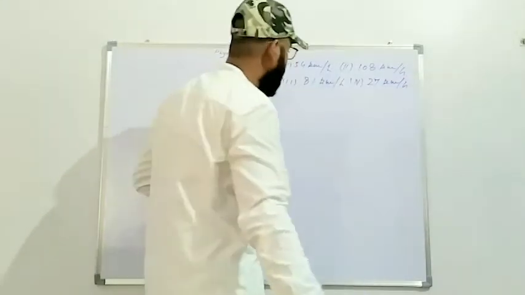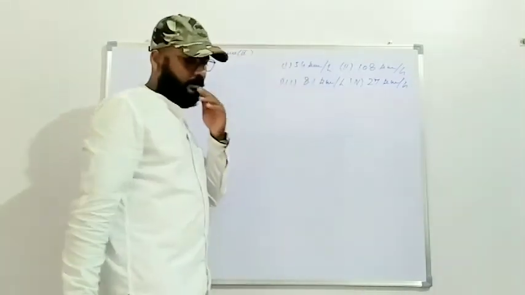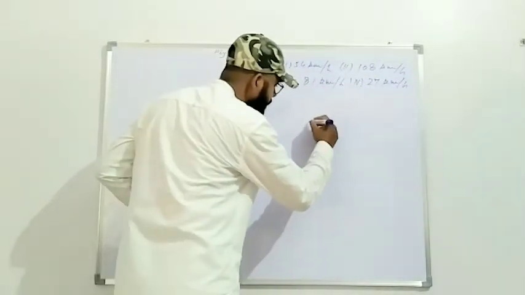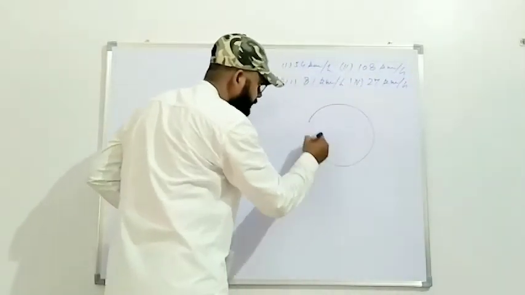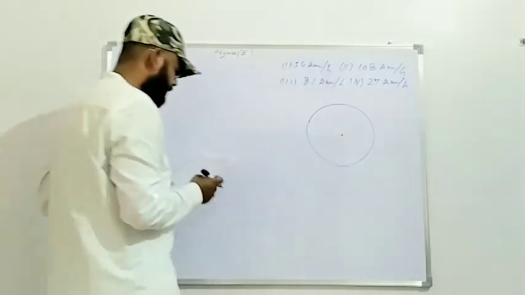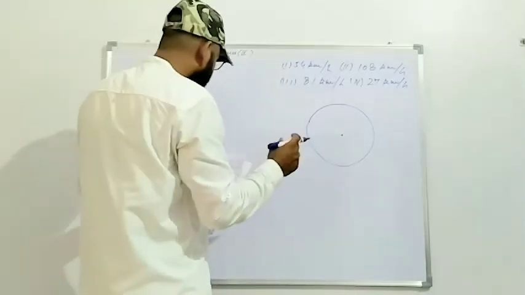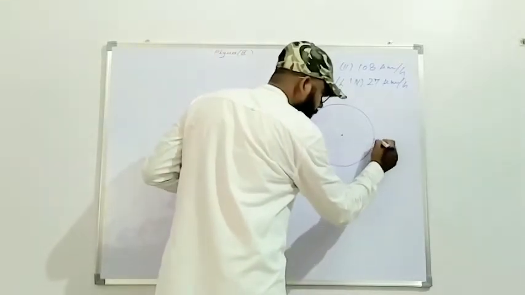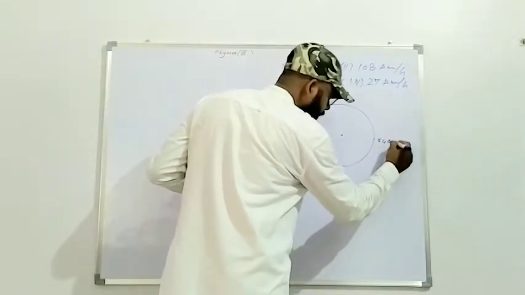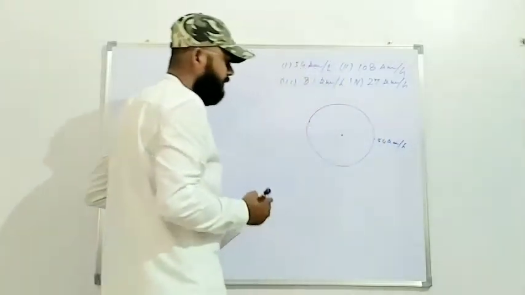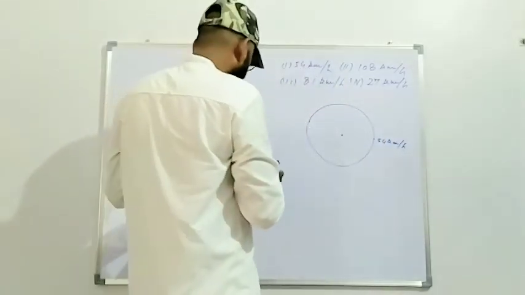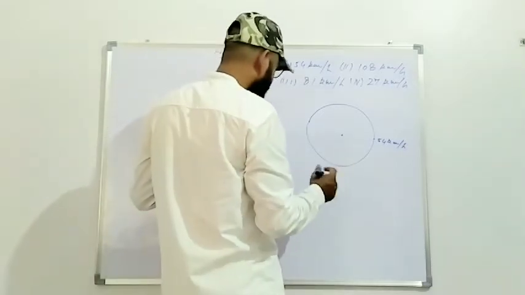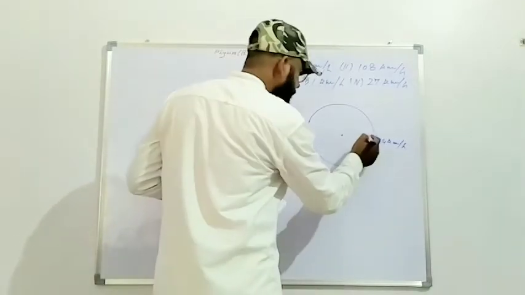So the question is, a car is moving along a circular path with a uniform speed of 54 kilometer per hour, this is the speed. Find the difference in the velocities of the car when it is at diametrically opposite points.